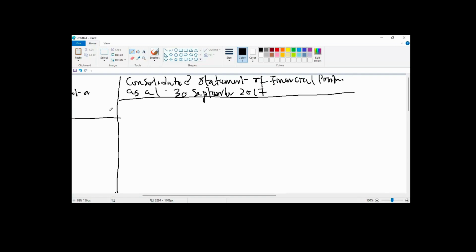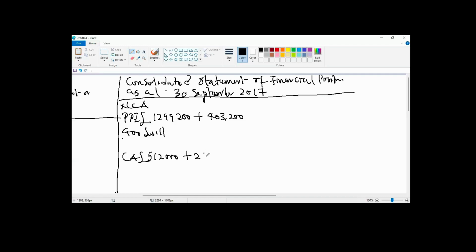This will help me with figures to make the job faster. PPE 1,299,200 plus 403,200. Put the goodwill. Current assets: 512,000 plus 211,200.